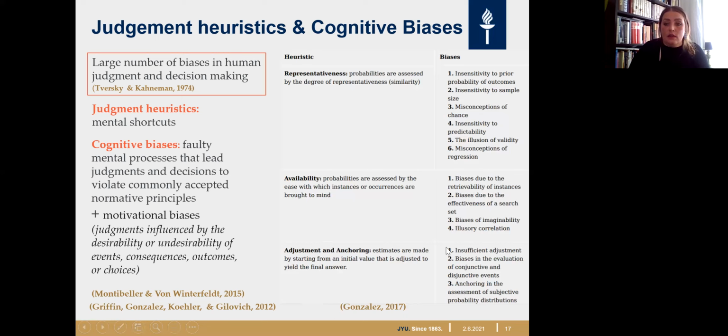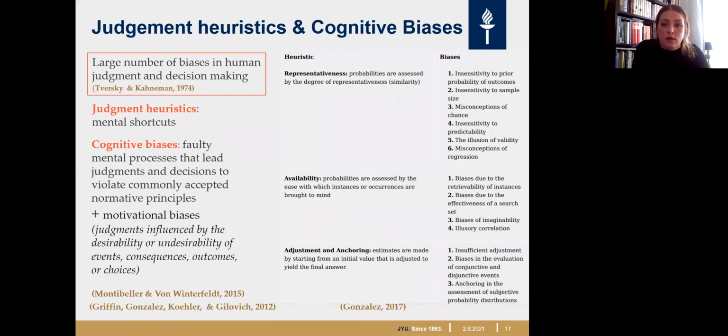Here is a table from Gonzalez in which the relationship between judgment heuristics and biases is presented on the basis of the most common heuristics. So representativeness is related to these biases in here. And availability: probabilities are assessed by the ease with which instances or occurrences are brought to mind.